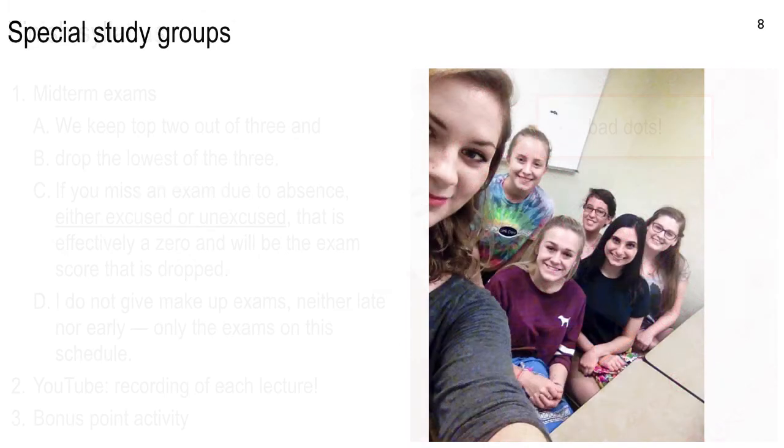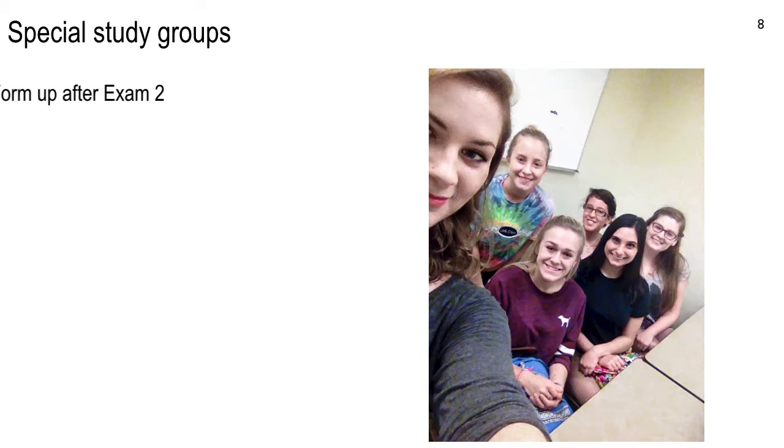Another very, very excellent bonus point activity is special study groups. And go ahead and make a note of this. I'm going to describe how they work. Special study groups usually start forming up. I form them up and you guys sign up for them after exam 2.